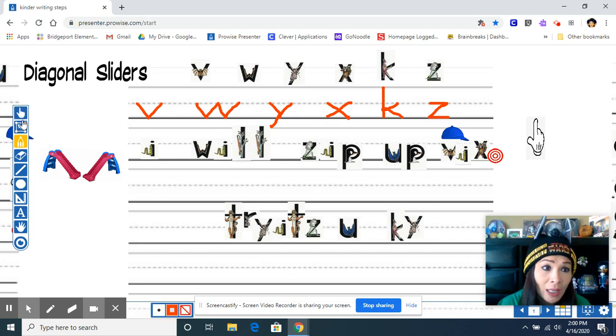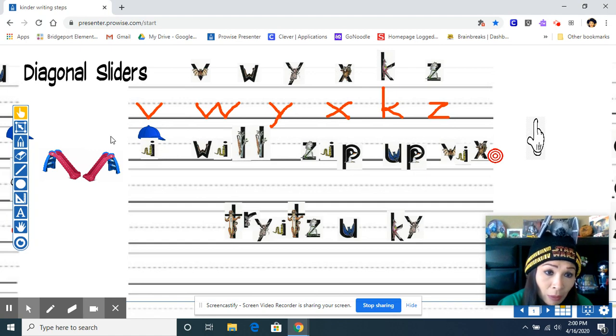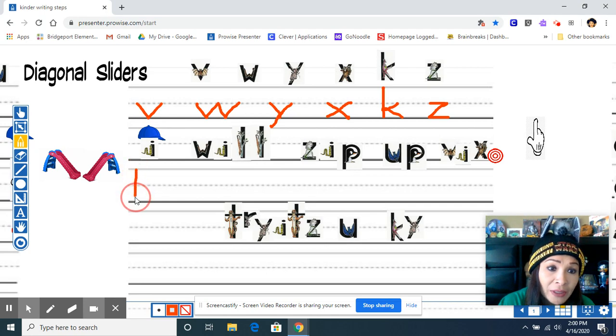So we know that the beginning of a sentence always starts with a what? Capital letter. So we have to turn this I into a capital letter. And also, no matter where the word I is at, you will always capitalize it because it's a name you call yourself. I, okay.